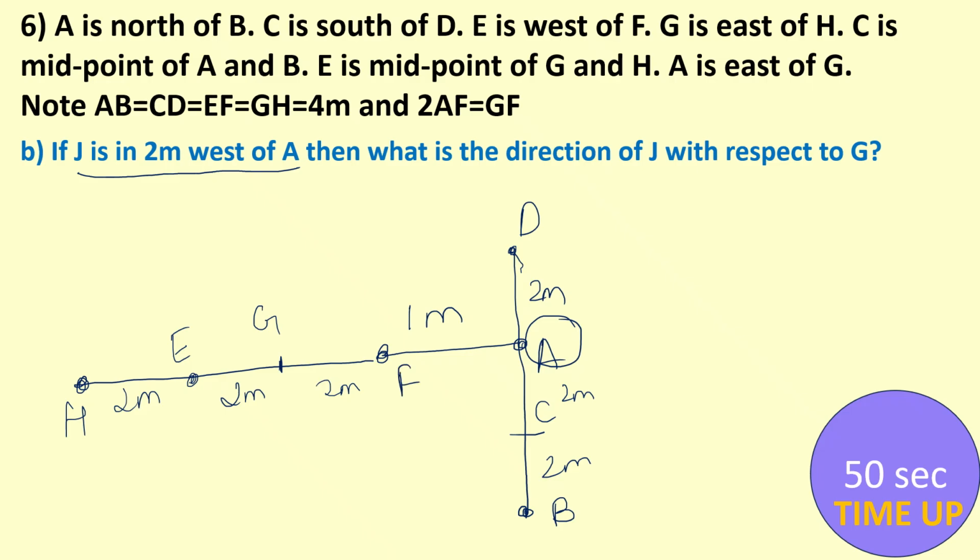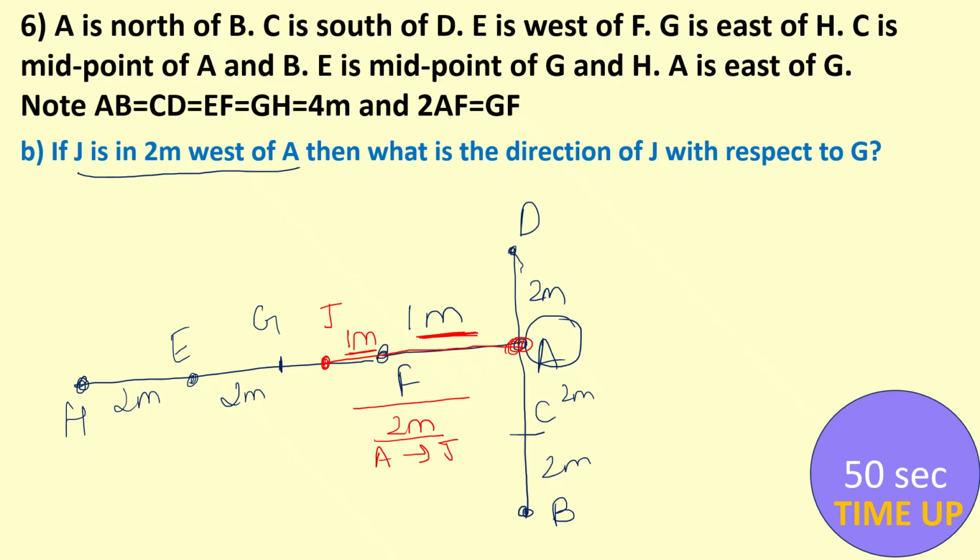Now from A to J, J will be west, 2 meter. So if this is 1 meter, from A to F is already 1 meter. So here somewhere will be your J, which is again 1 meter. So total it will be 2 meter from A to J.